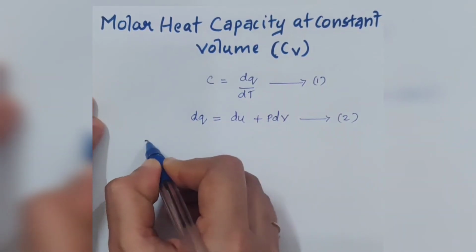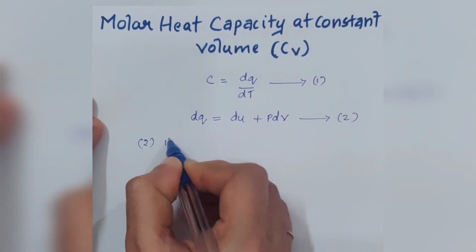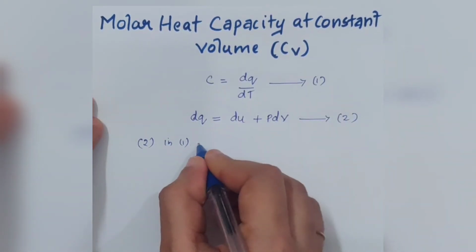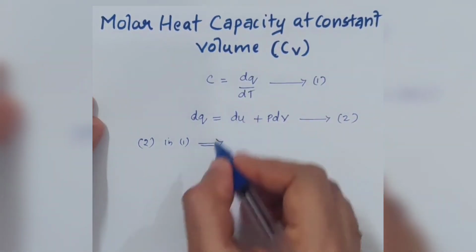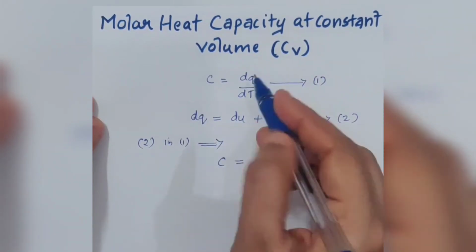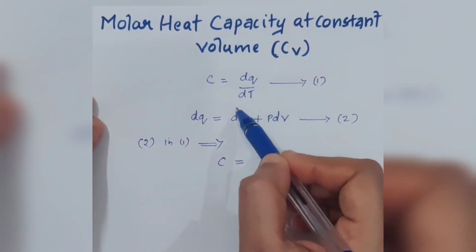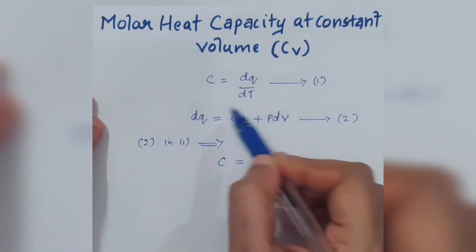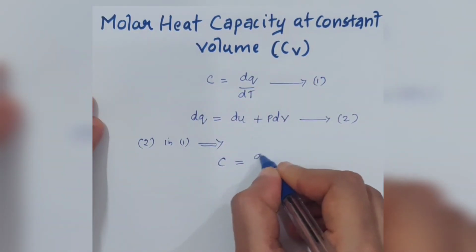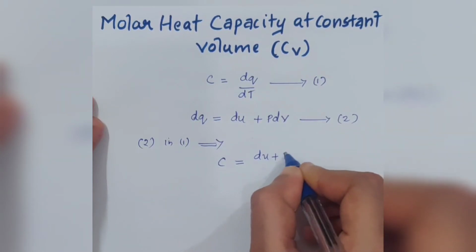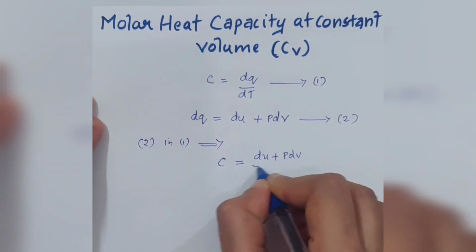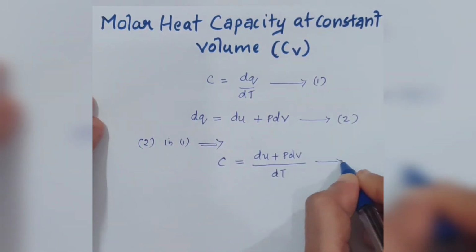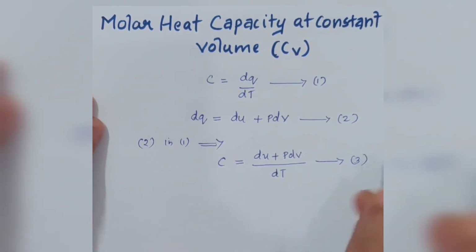Substituting 2 in 1, that is, substituting for dQ, we get C is equal to (dU plus PdV) by dT. Put it as equation number 3.